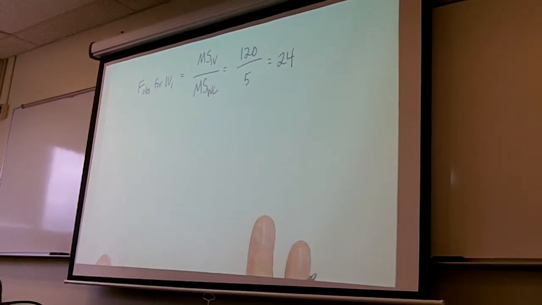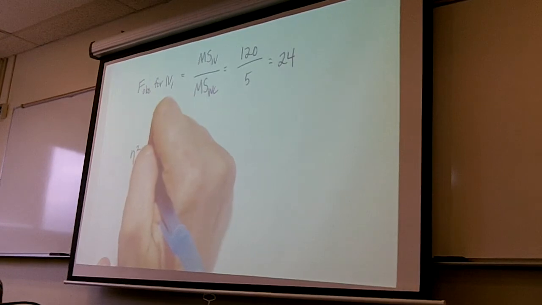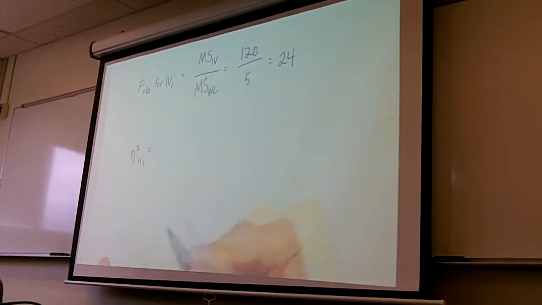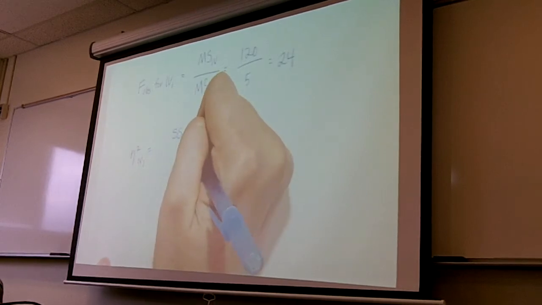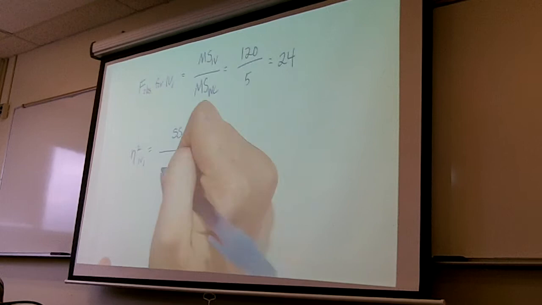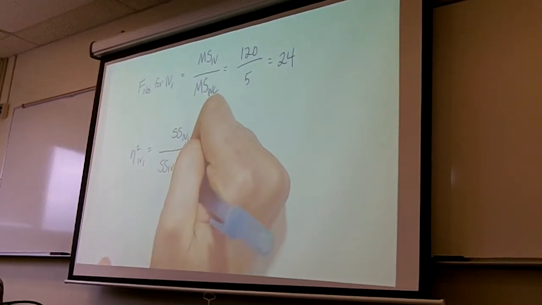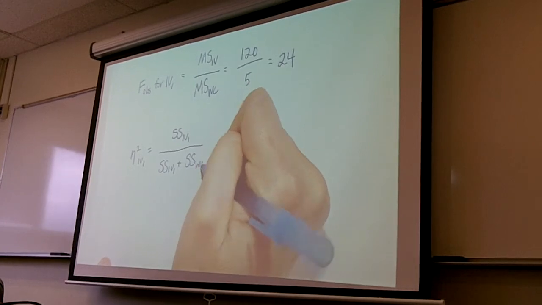It says we want to do eta squared, right? The partial eta for this one. What's the eta squared for IV1? How am I going to do that? What's the formula? Sum of squares for IV1 over sum of squares for IV1 plus sum of squares within conditions.